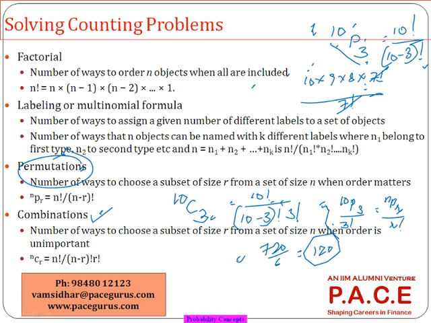The third scenario is labeling, especially if I am allotting different numbers to different groups. Like, 2 people or 2 stocks need to be classified as extraordinary, 6 stocks should be classified as moderate, and 2 stocks should be classified as poor.